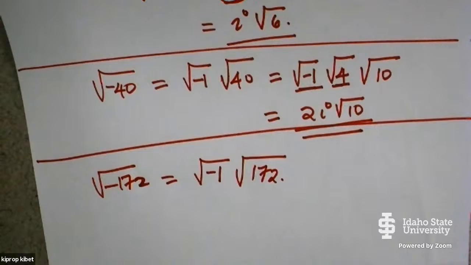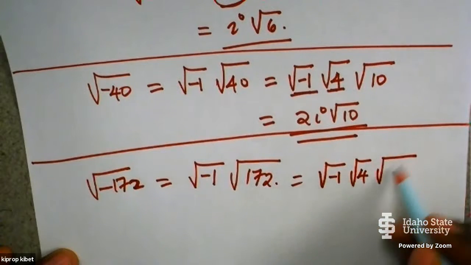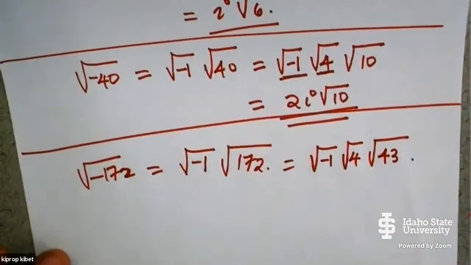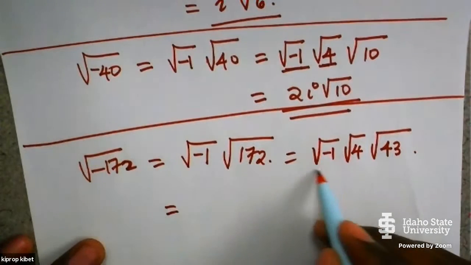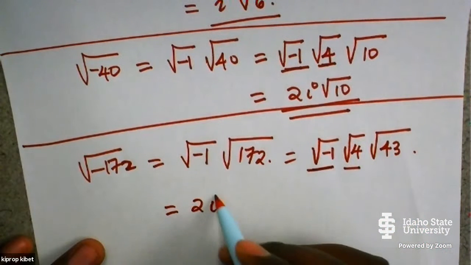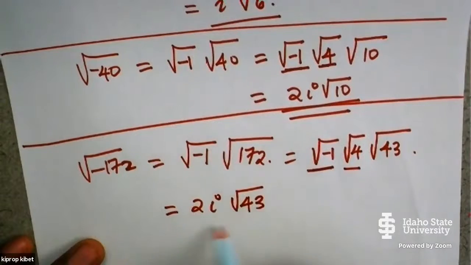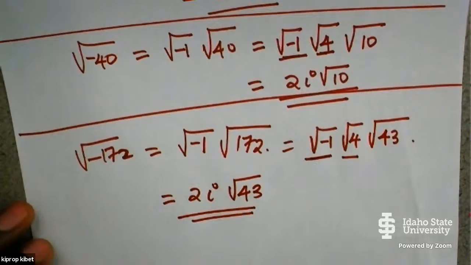When you divide by 2 again, you get 43. So that means it will be equal to the square root of -1 times the square root of 4 times the square root of 43, because 4 times 43 is 172. So this is equal to i, and the square root of 4 is 2, so 2i, the square root of 43.